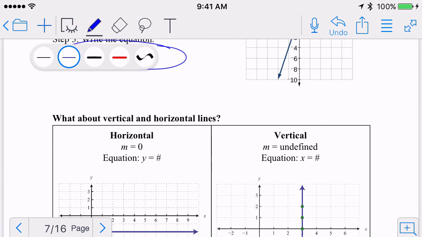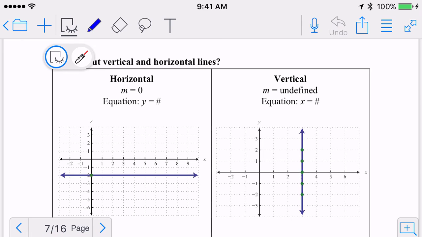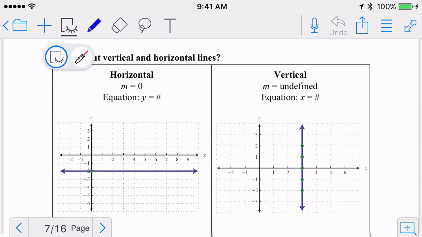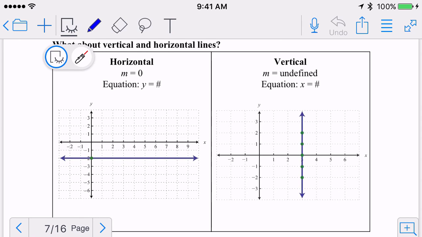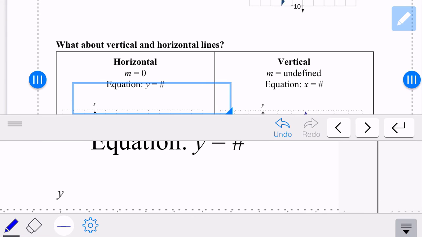All right, and then down here, what's going on with vertical and horizontal lines? They're a little bit funky. They don't quite fit the y equals mx plus b form. But for a horizontal line, we've got m is 0. So really, if you thought about putting that into y equals mx plus b, we would have 0x plus b.